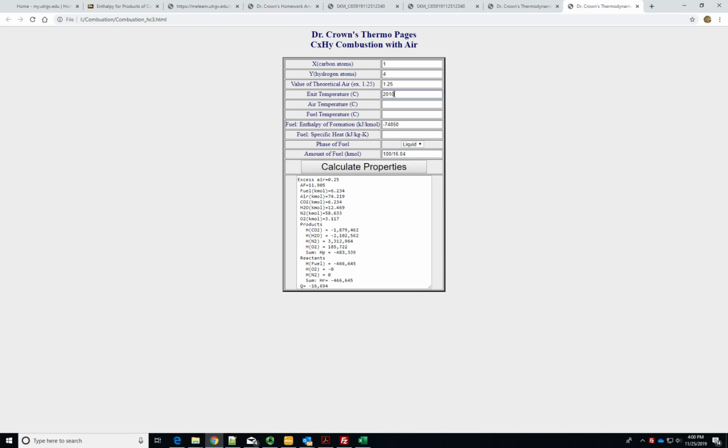So between 2010 and 2015. 2014 it's negative, 2015 still negative, so let's go 2016, so it's positive.